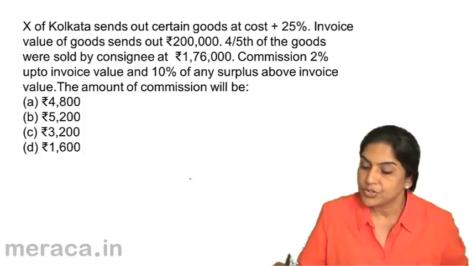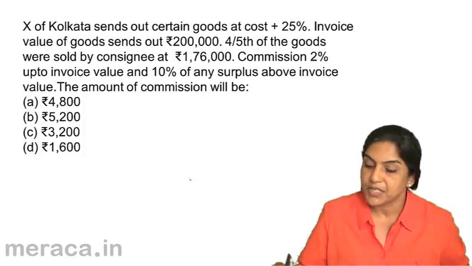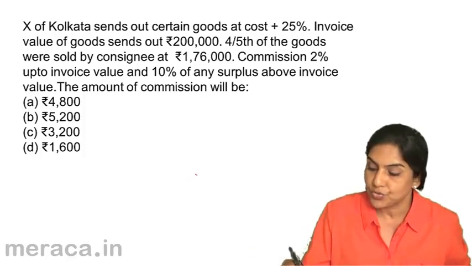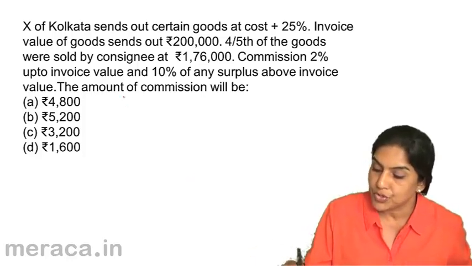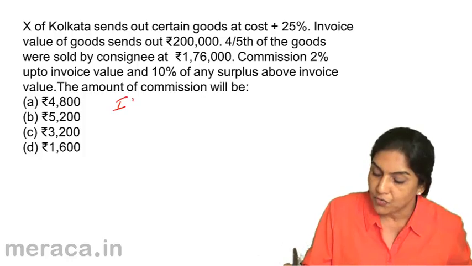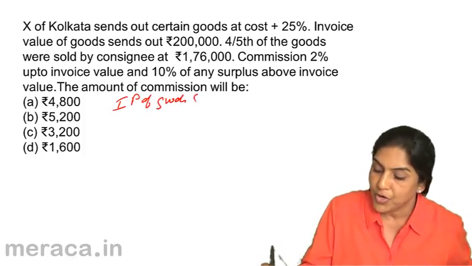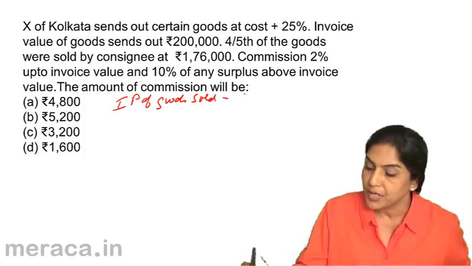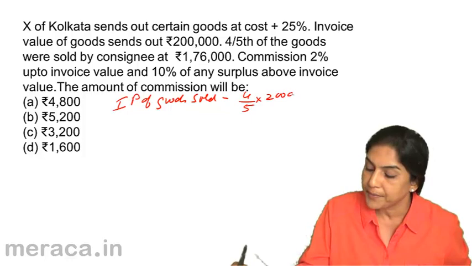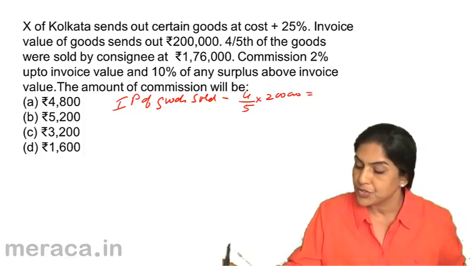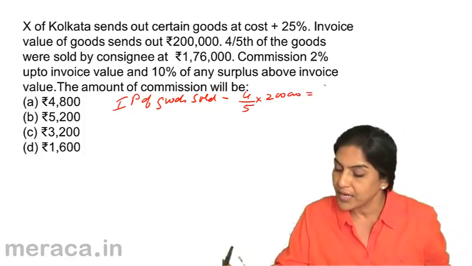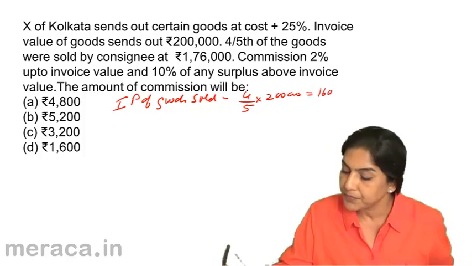So certain goods are sent at cost plus 25%. Invoice value of the goods is 2 lakh. 4/5 of the goods is sold. So what is the invoice price of goods sold? Invoice price of goods sold is obviously 4/5 of 2 lakh, which is equal to 1,60,000.